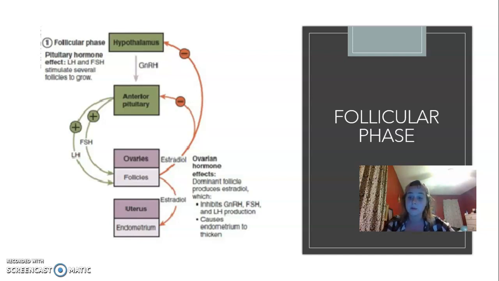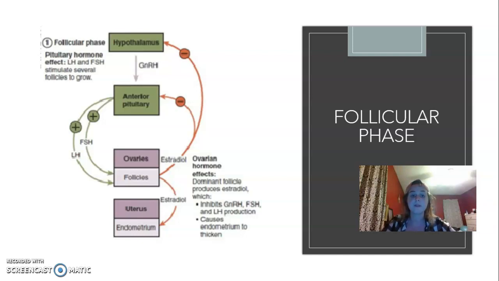These hormones will travel through the bloodstream and bind to receptors on the granulosa and theca cells of these follicles. As the name implies, follicle stimulating hormone stimulates the follicles to grow and expand in diameter. And then luteinizing hormone also stimulates the granulosa and theca cells of the follicles to produce a type of estrogen, also known as estradiol.